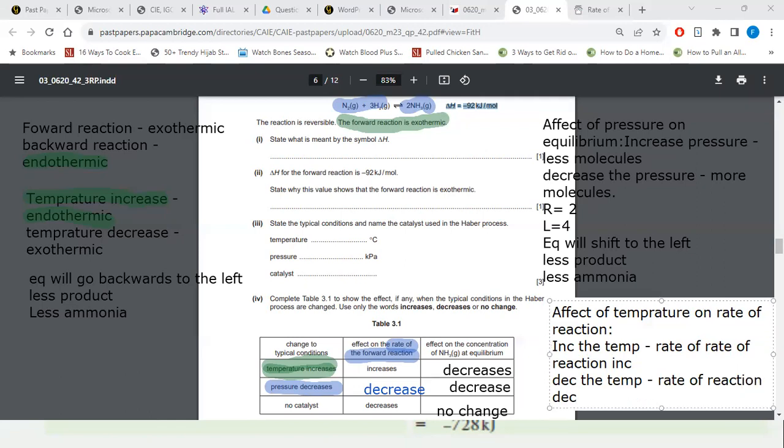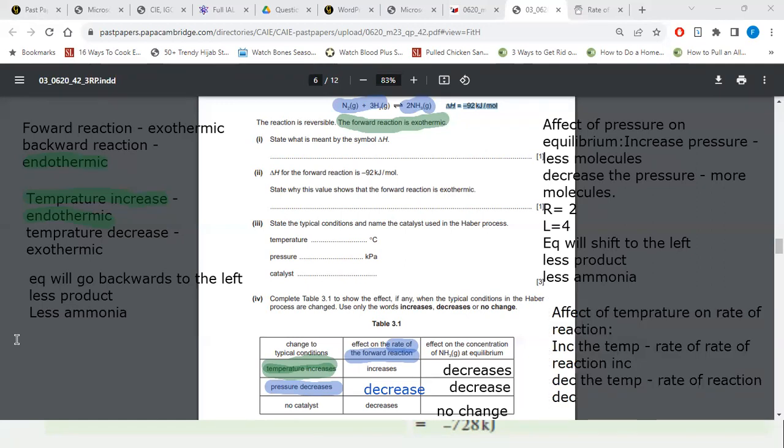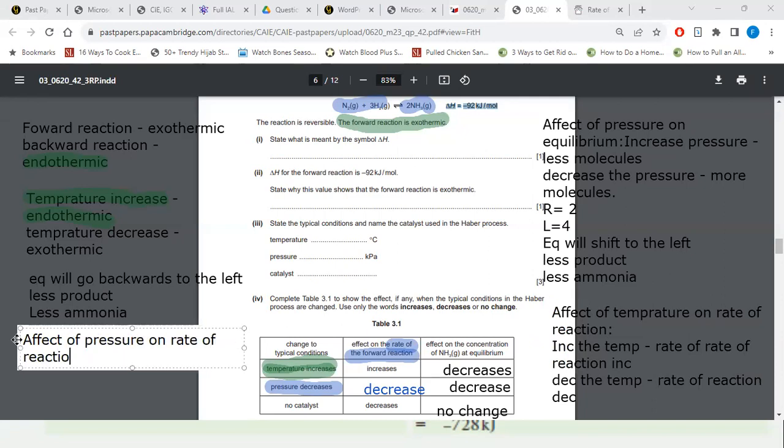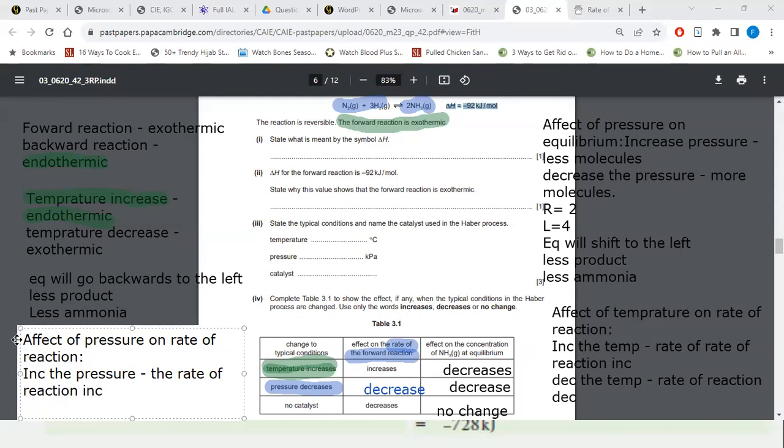And the same is true for pressure. Effect of pressure on rate of reaction. If you increase the pressure, the rate of reaction increases, meaning this reaction is going to be faster. If you decrease the pressure, the rate of reaction decreases.